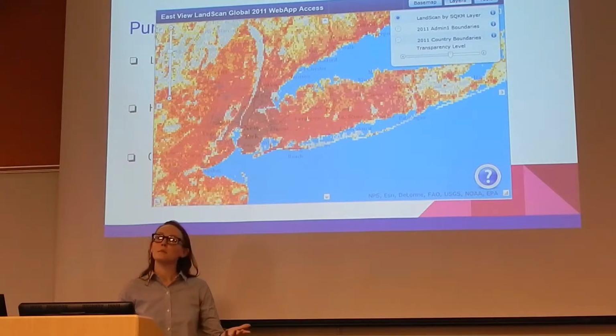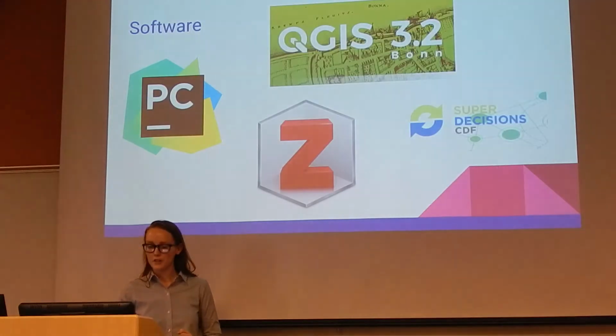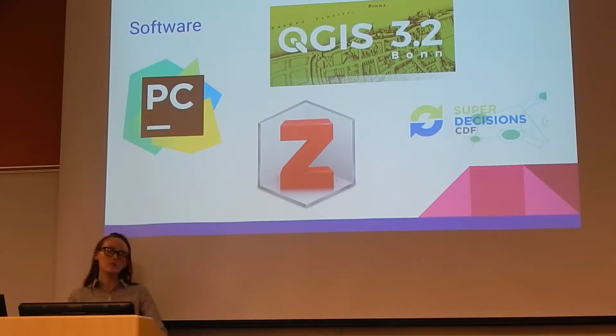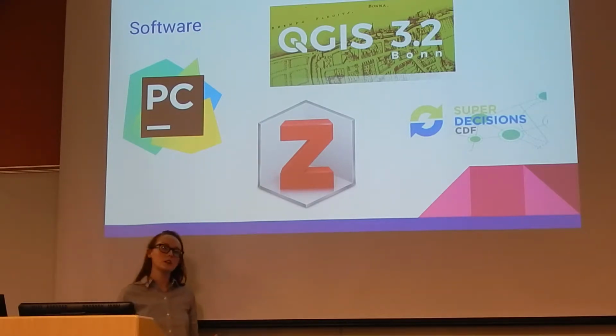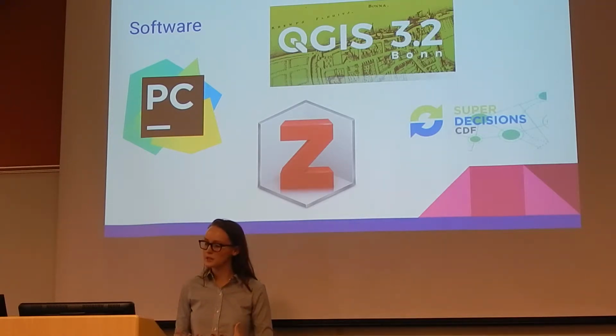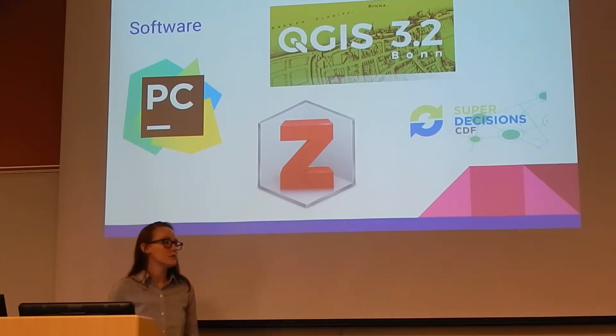So it's ambient population, and it's refreshed every year. So the software that I used are things that you could download completely free from anywhere. It doesn't really matter what your job situation is. So I used PyCharm to conduct the Python analysis. I used QGIS. I used Zotero, which is a bibliographic management system.